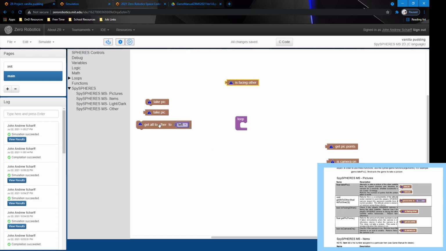Here's one that kind of relates to the last one, facing other. All this does is return whether you are facing the opponent or not. If you are, then it returns true. If not, then it returns false. So basically this is really useful when paired up with this one here, because you can set the attitude to it and you can have it wait to take a photo until it is actually facing the other sphere.